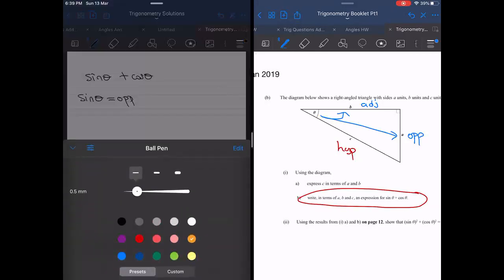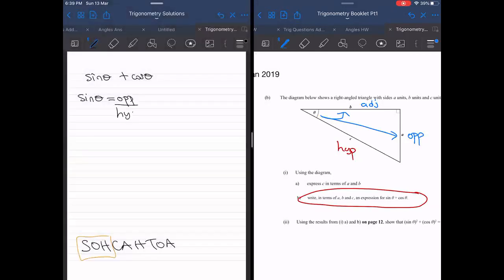Again, guys, this does not come on the formula sheet, so you do need to know these things. So sine theta, the opposite is A, and the hypotenuse is C. So sine theta is A over C.